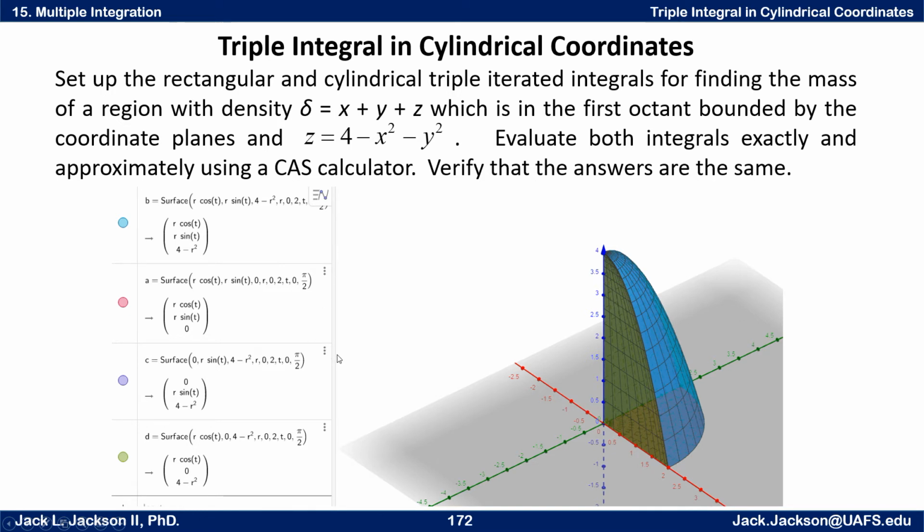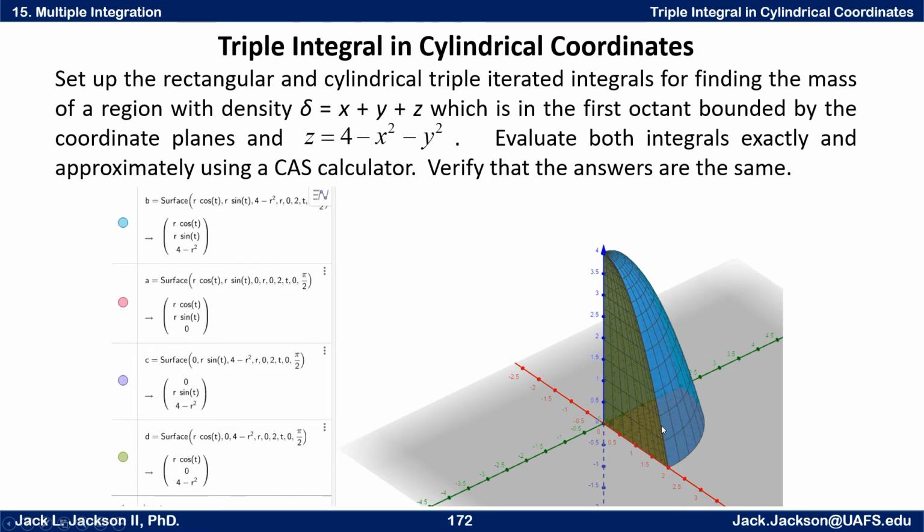Now, if we want to do that in cylindrical coordinates, then we have to do two things. We have to change this x plus y plus z to cylindrical coordinates. So x has to be replaced by r times cosine of theta, y is replaced by r sine of theta, z is left alone. But then we also have to change our limits.